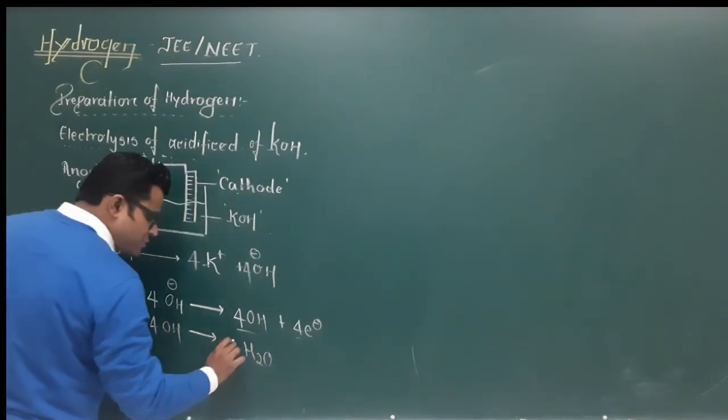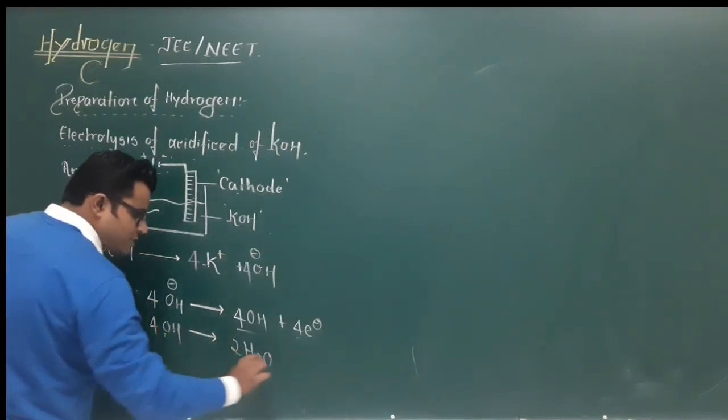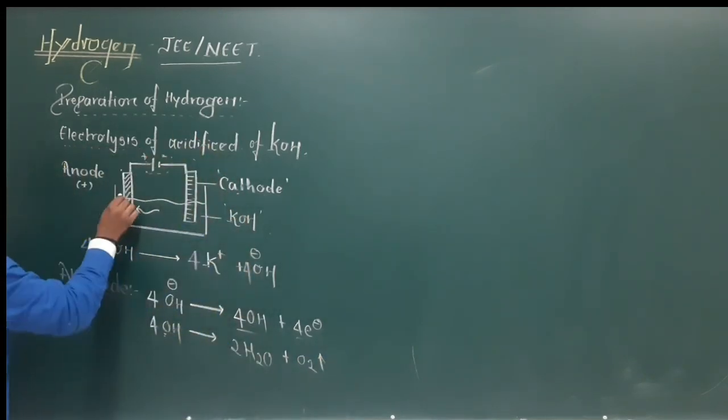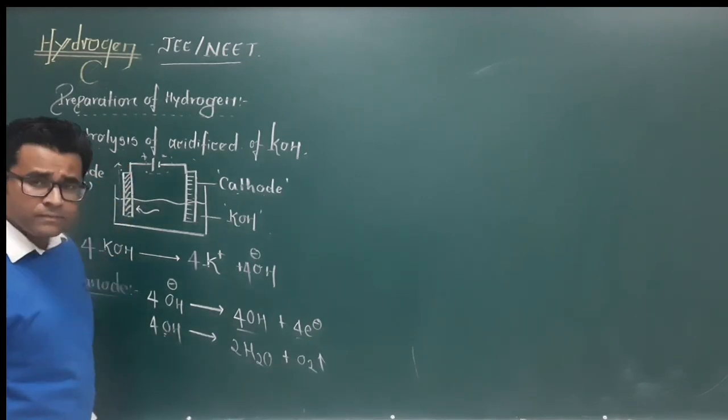As there are 4 hydrogens, we get 2 H2O. What remains is 2 oxygens, which are evolved in the form of gas. So from this section, oxygen gas is evolved.